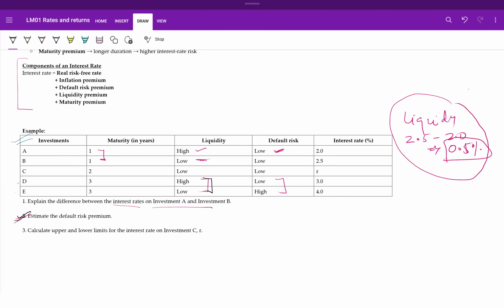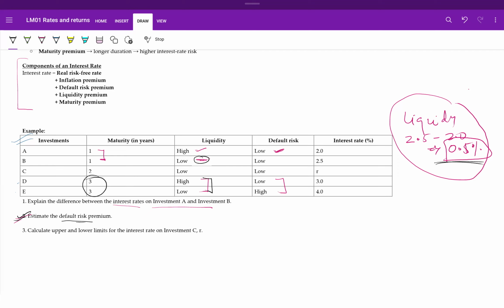I'm going to consider investment D and E for this default risk premium calculation because they have the same maturity. The maturity is same here, but different liquidity and different default risk. So let's try to make liquidity similar, because we actually have a liquidity premium of 0.5, and if the liquidity is low, there is going to be a premium of 0.5.